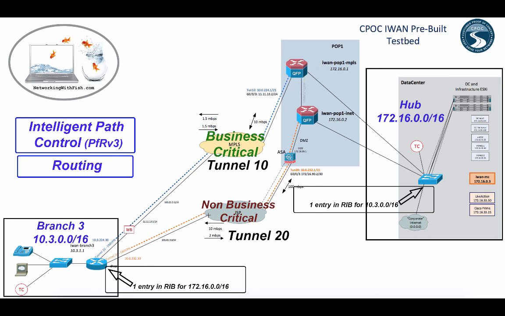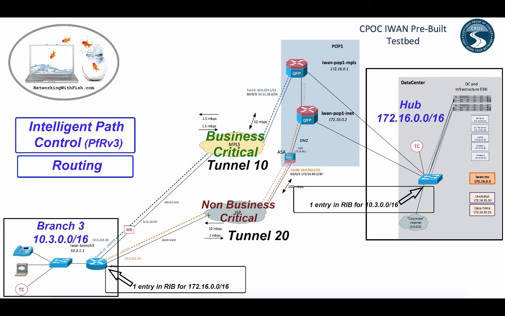So we do want to begin with the end in mind. So it will be EIGRP or BGP. What about static routes? With static routes, you would also have to have two entries in the rib at branch 3 to get to 172.16. It is with EIGRP or BGP that we can make the deeper decision and actually look at the BGP table or the EIGRP topo table.